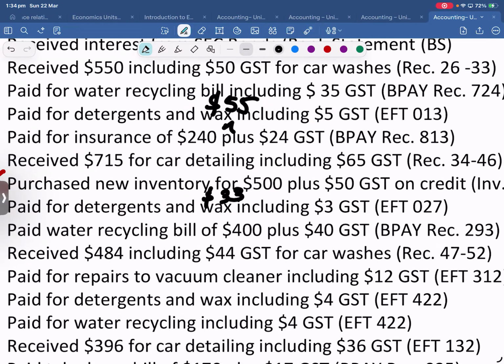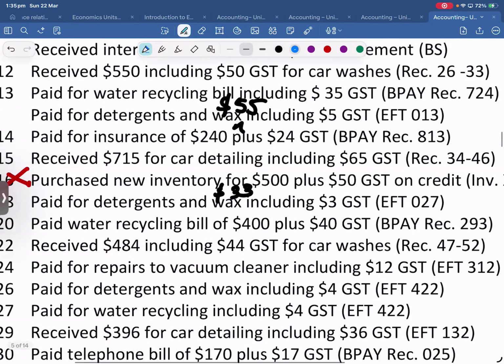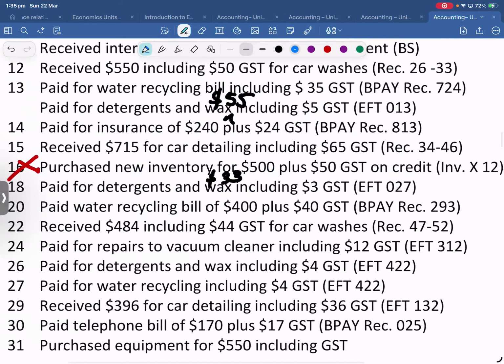Yes, cash payment. Right. That's going to the detergent, yes? That's a bottom. Detergent.